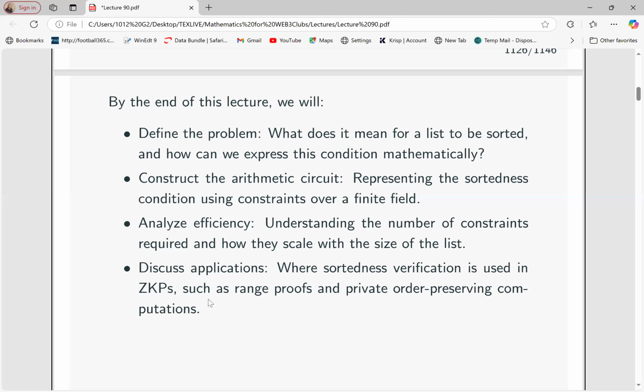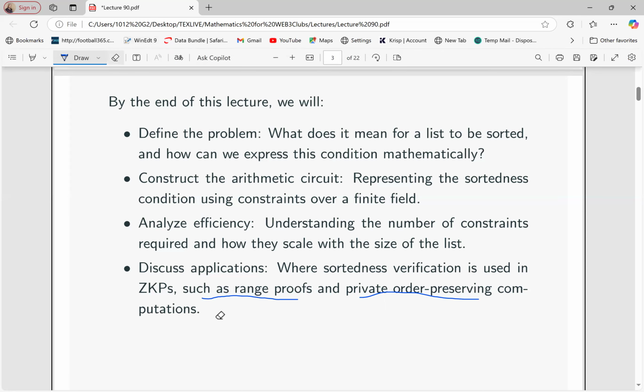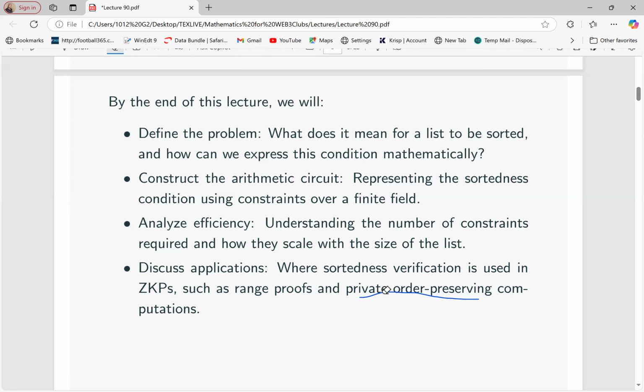I've given some of the areas where it will be applied, like range proofs and private order-preserving computations. We should be able to discuss how sorted lists are used in these areas.